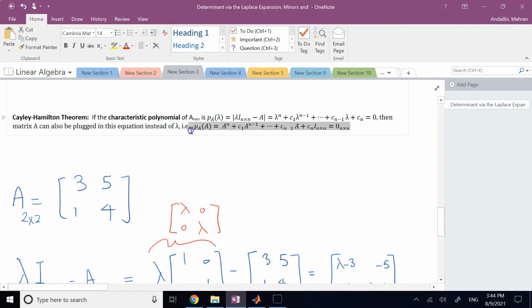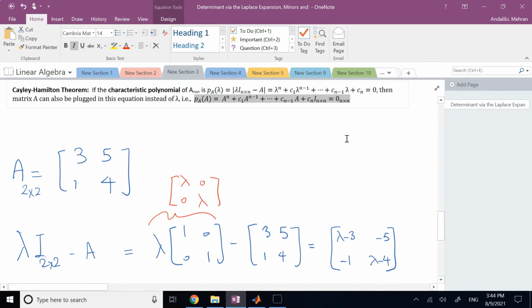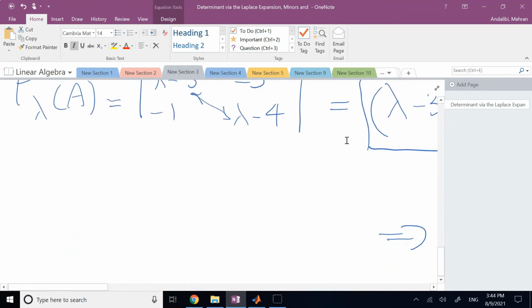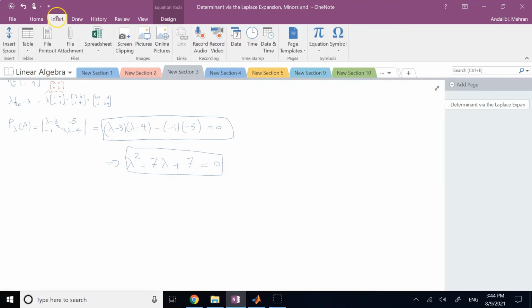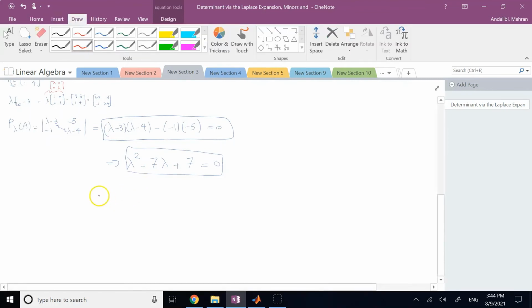So that's what Cayley-Hamilton says. Plug the A matrix into its characteristic equation. The result is still going to be valid. What does it mean for us? It means here, if instead of lambda I plug in A, what do I get? I will get A squared minus 7A, and then plus 7. Now the 7 has to be multiplied by the identity matrix 2 by 2.